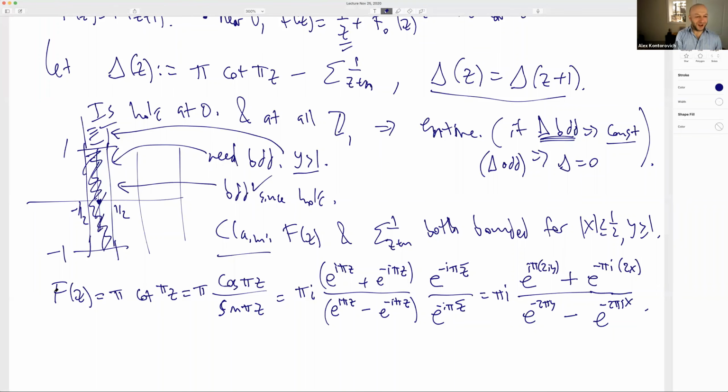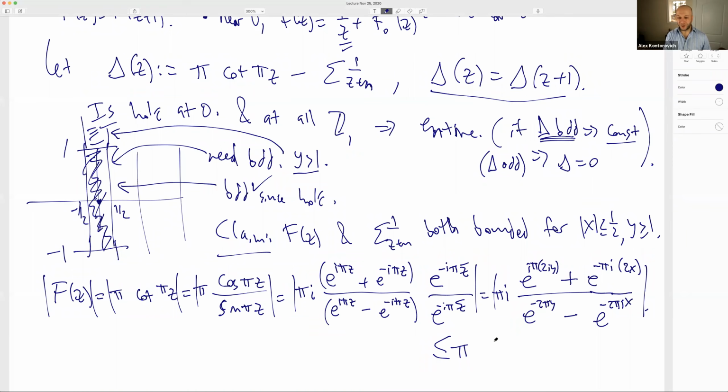Okay, now we're done, because once we put absolute values on everything, the numerator, you see this thing, this is e to the minus 2 pi y, but y is at least 1. And so this is some very small number. And this is a number of absolute value 1. So there's this constant pi in front.